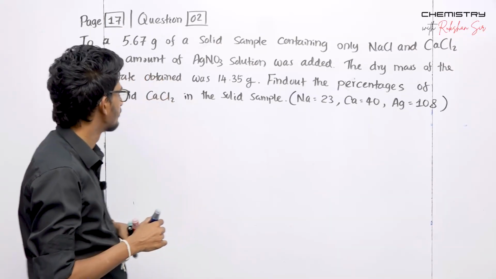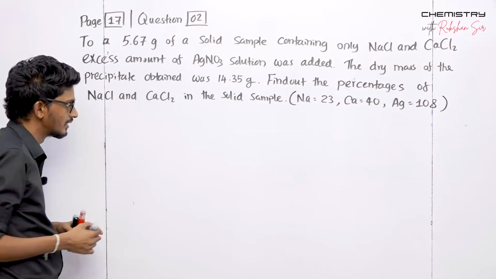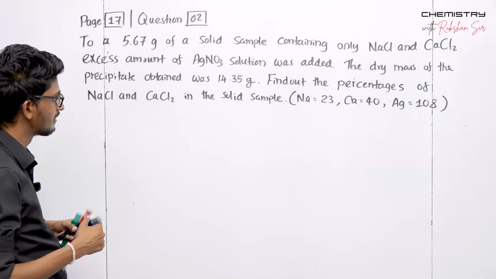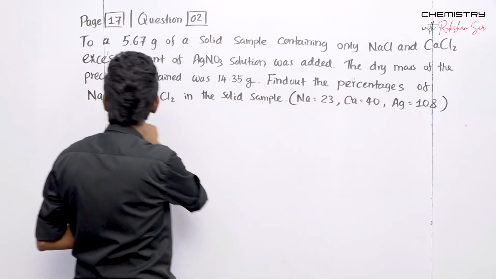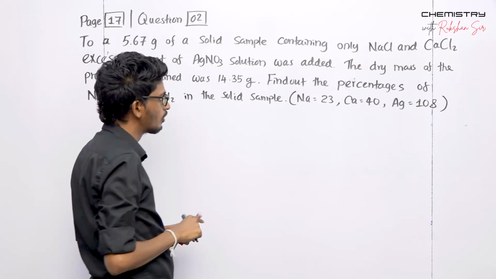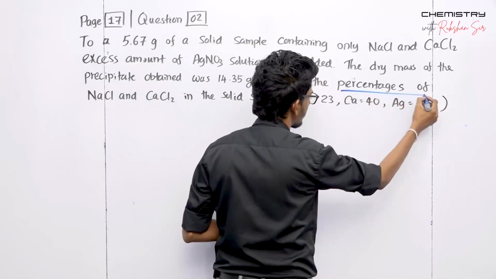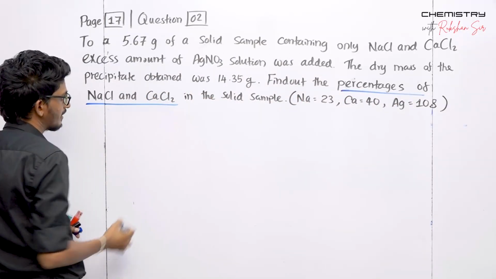Okay. So what is the goal here? When you go to the question, you clearly see the goal is to find the percentages of sodium chloride and calcium chloride in the solid sample. Find the percentages of NaCl and CaCl2 in your solid sample. That is the goal, right?